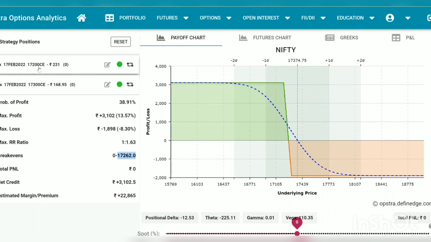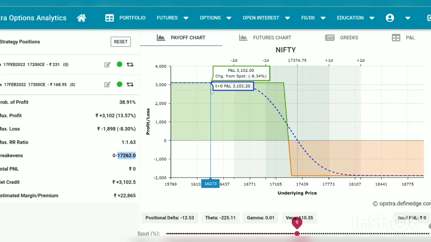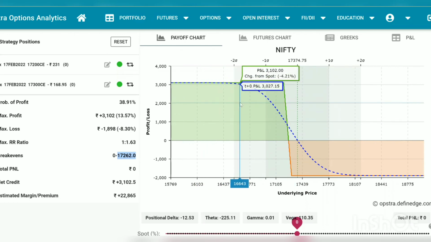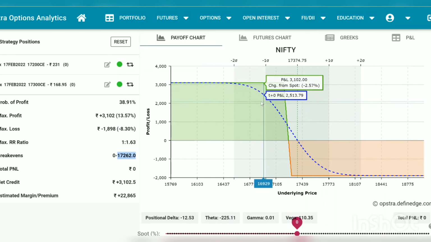It will reduce, but I will not get 100% profit. This 3,100 profit is considering that Nifty ended at that particular position on the expiry day. So of course, only if Nifty goes below 17,200 on the expiry day will this 17,200 call option become zero, right? Not tomorrow itself.